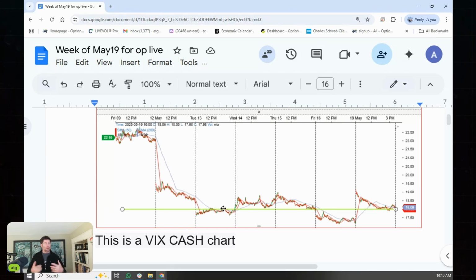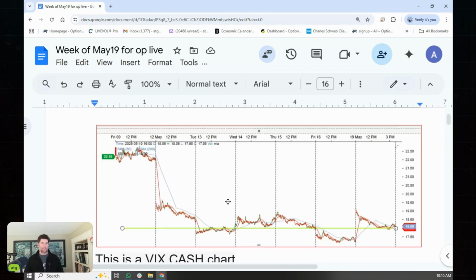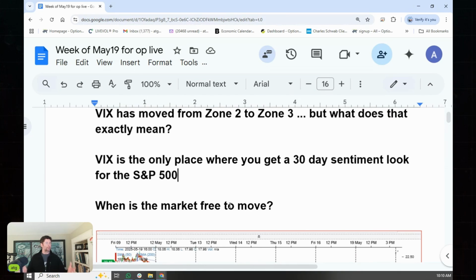Now, do you remember the last time the market kind of held this position, where basically sentiment was kind of going nowhere, but the market was rallying? When was the last time we had this kind of break in the action where the market was free to move? Right before the election.